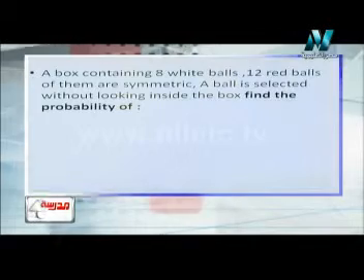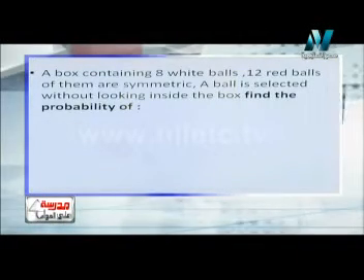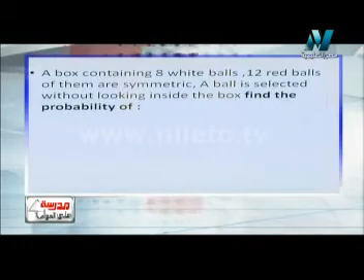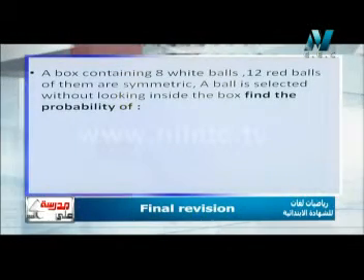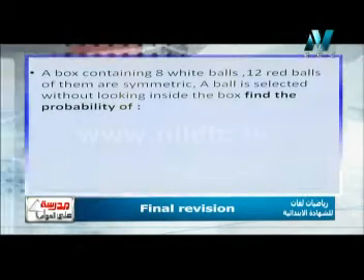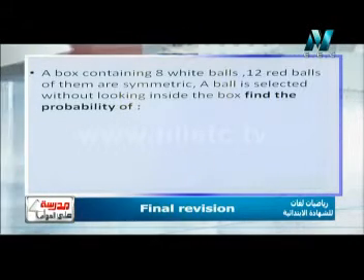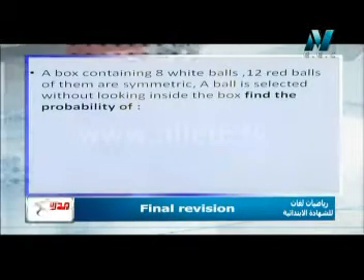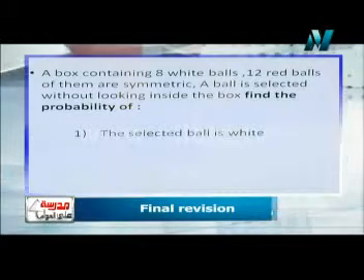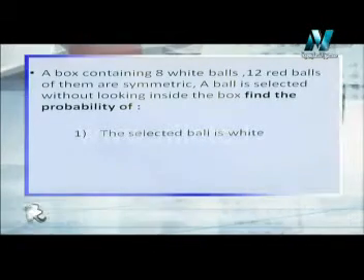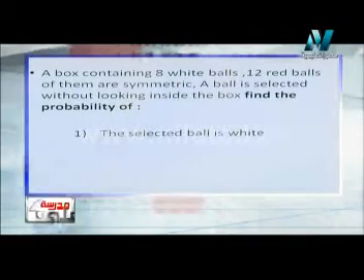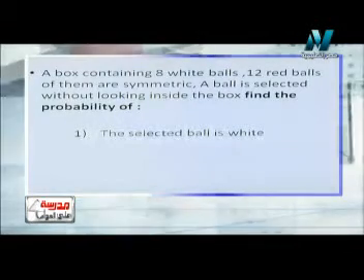Like this equation. A box containing 8 white balls, 12 red balls, all of them are symmetric. A ball is selected without looking inside the box. Find the probability of number 1, a selected ball is white. To find the probability equal white.